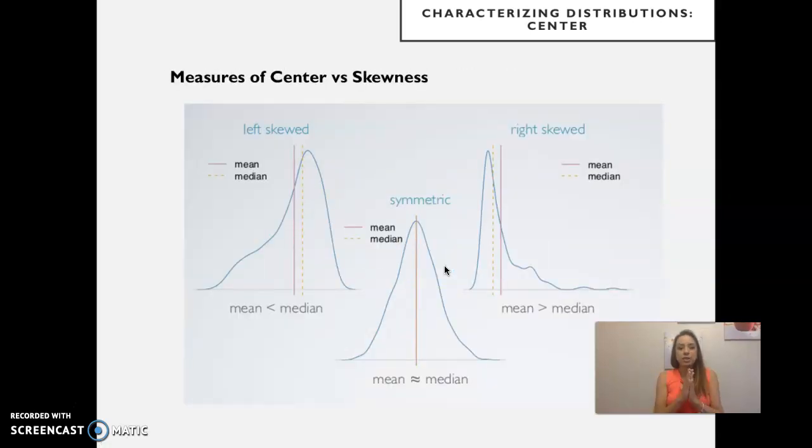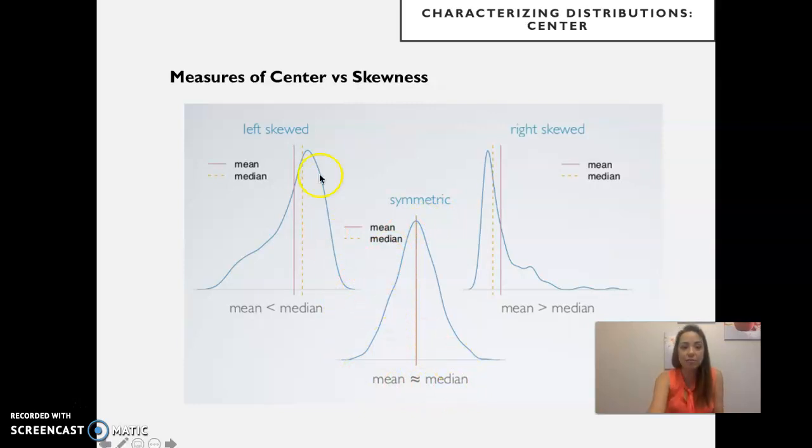So measures of center versus skewness. Given our understanding now of why the mean gets biased by extreme values and the median does not, we can start to think about what happens with the relationship between the two depending on the skewness. So note here that on the symmetric distribution, mean and median are about the same.